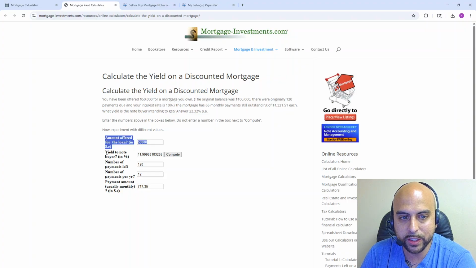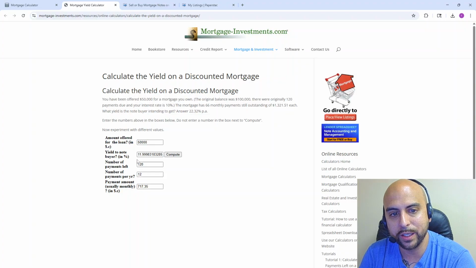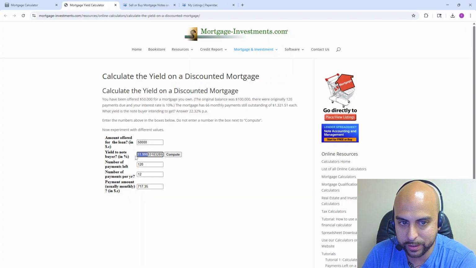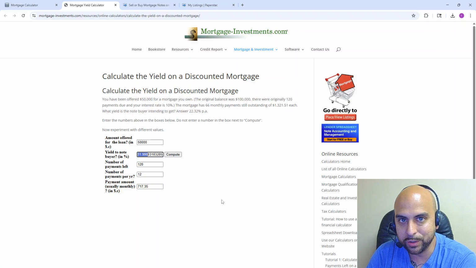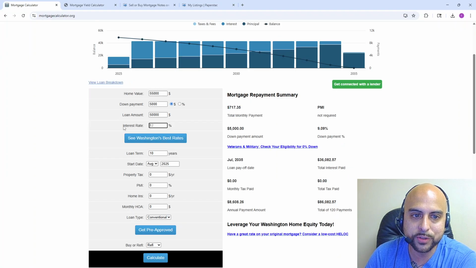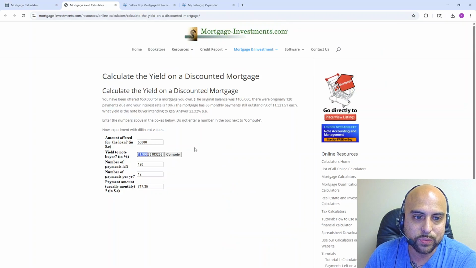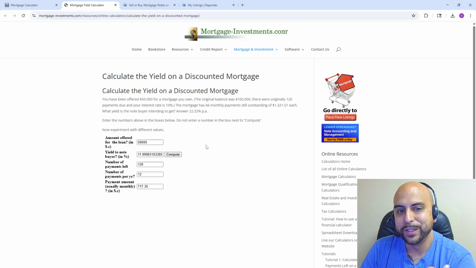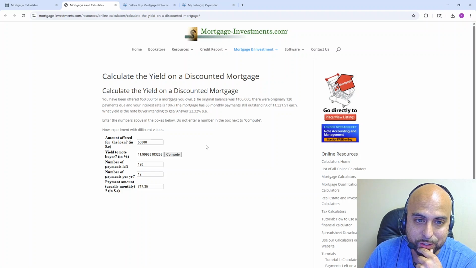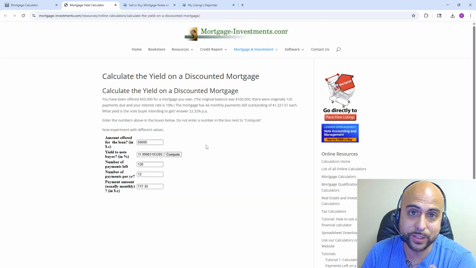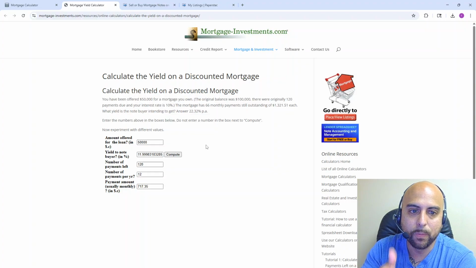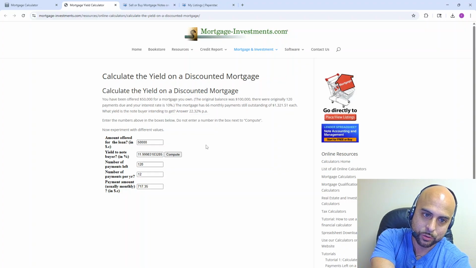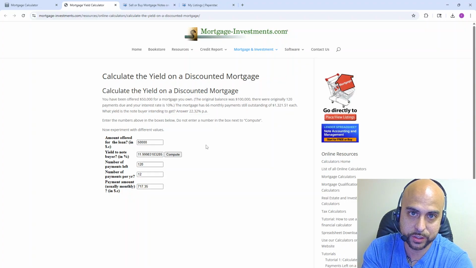You'll notice that the yield to that note buyer is almost 12%. What was the interest rate that we charged on our note that we just created? Also 12. So if someone offered us a $50,000 purchase price for our note that's also worth $50,000 face value, that note buyer will get 12% on their money. Pretty much is what this is telling us.